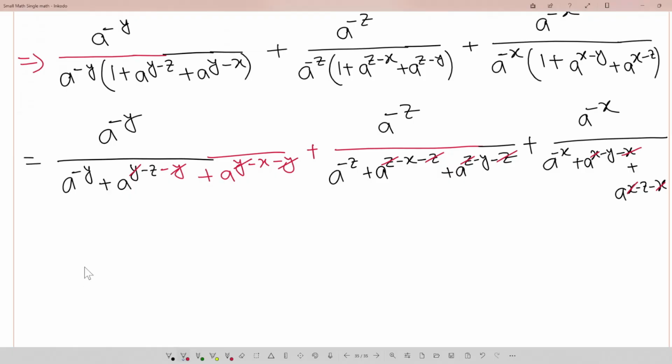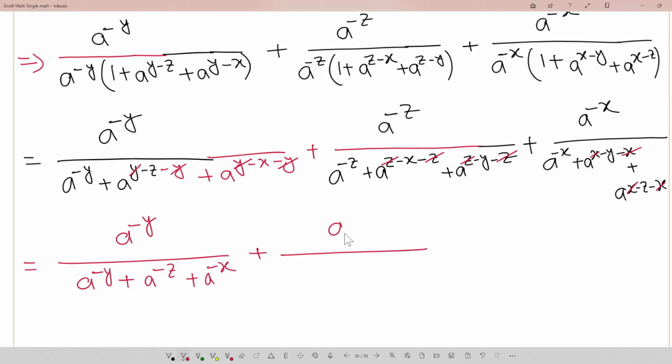Now look at the surprising matter. Here is a to the power minus y, plus here both y's are done, it means deducted, so we can write a to the power minus z plus a to the power minus x, plus a to the power minus z, so here is a to the power minus z plus a to the power minus x plus a to the power minus y, plus a to the power minus x.